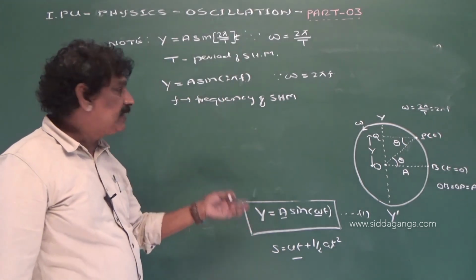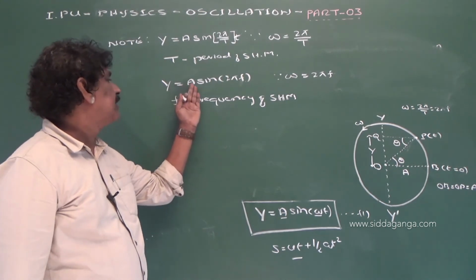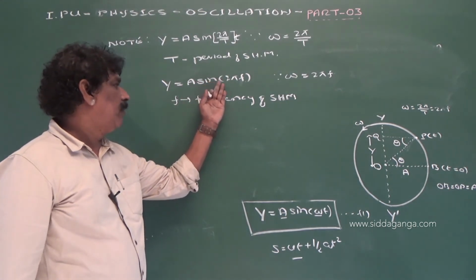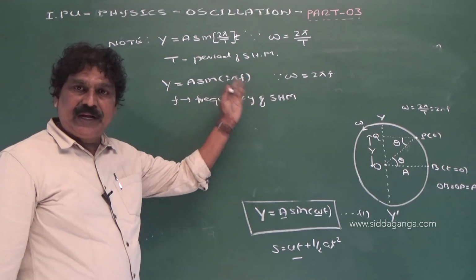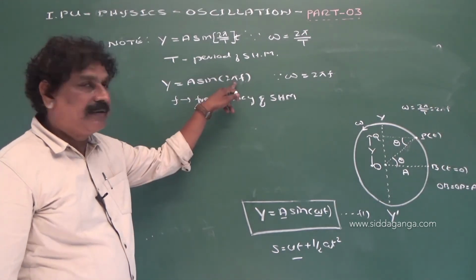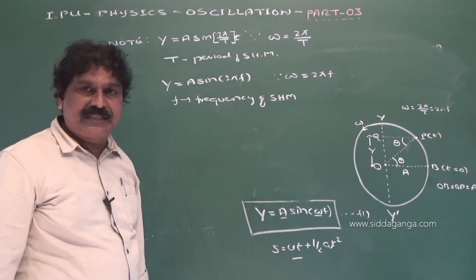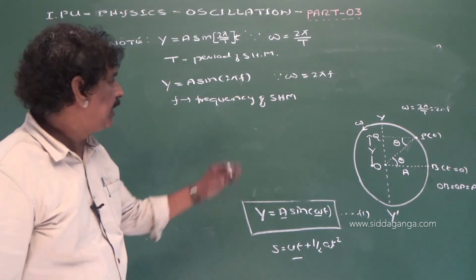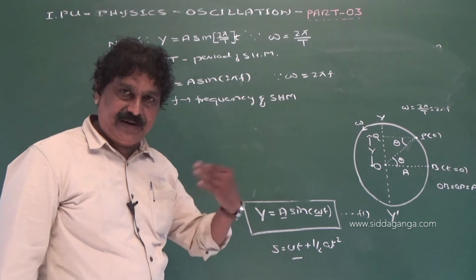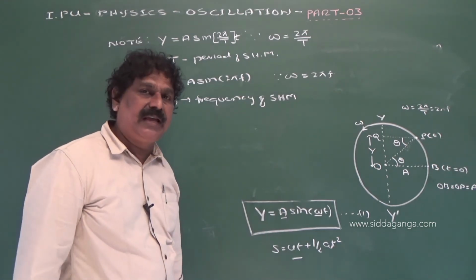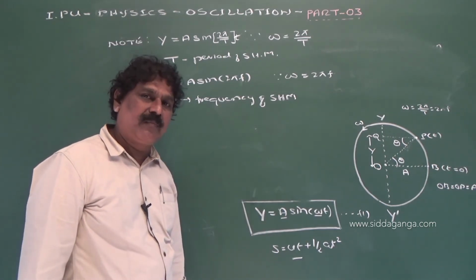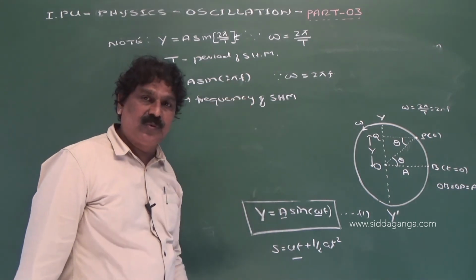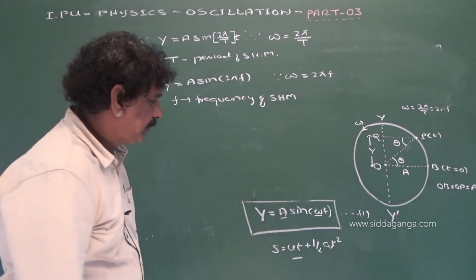In terms of frequency, the equation takes the form y is equal to a sin 2 pi f t, where the value of pi in radian is 3.14. Generally we take it in radian, or if we take it in degree while solving some numerical problem, the value becomes 180 degree. Is that clear?